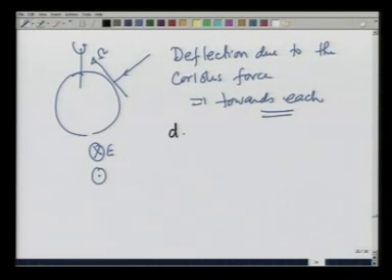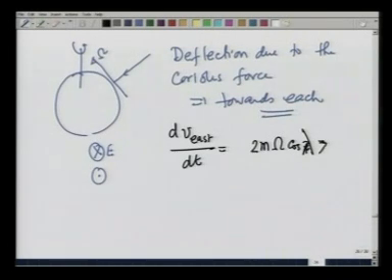And what is the equation for that? We have d v towards east divided by dt is equal to 2 m omega cosine lambda z dot. Z dot is the velocity, and to first approximation z dot is nothing but g t.